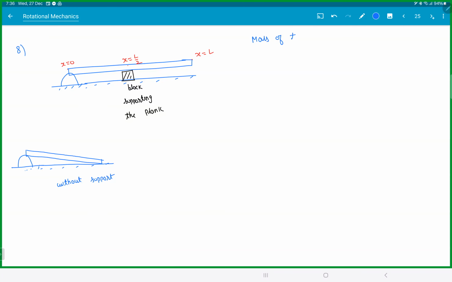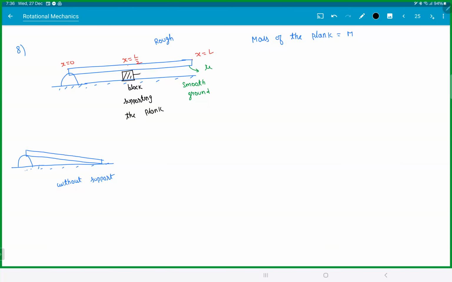Mass of the plank is m. Block's mass is not required. And this is a rough plank. I think here the friction is mu, the ground is smooth. Now what happened?